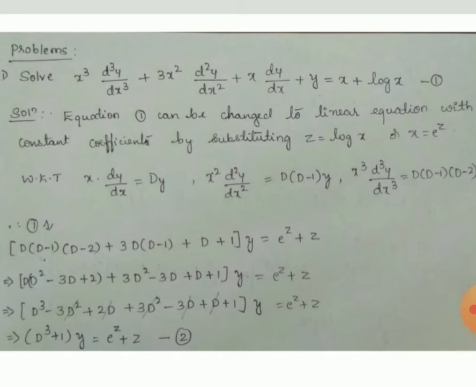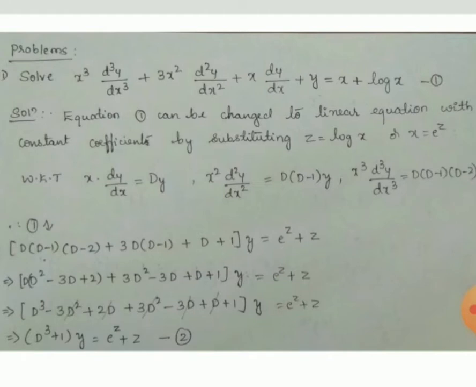Given equation number 1, we have to solve it. That means we have to find the linear equation with constant coefficients. So first, equation 1 can be changed into a linear equation with constant coefficients. Just what we have to do is substitute z as log x, or otherwise x as e^z.